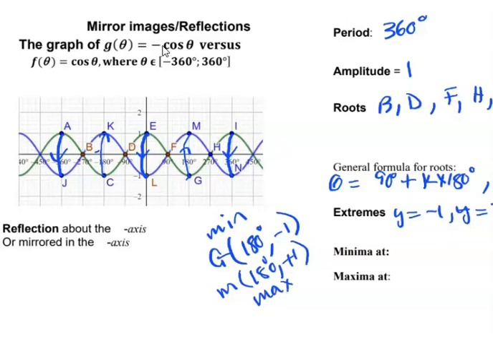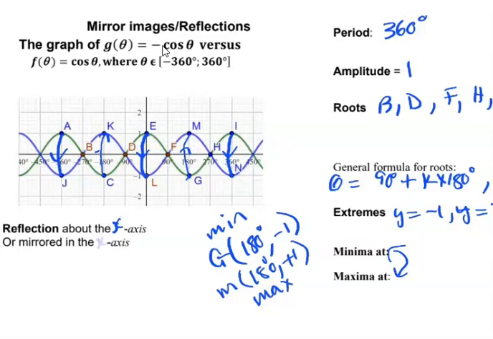So all the minimums become maximums and all the maximums become minimums. They are swapped. Exactly the same as before, but they swap. So in this case, we have a mirror about the x-axis, or a reflection about the x-axis.